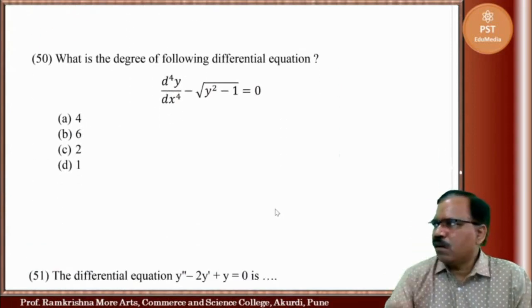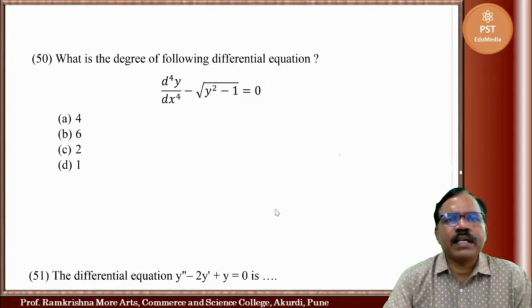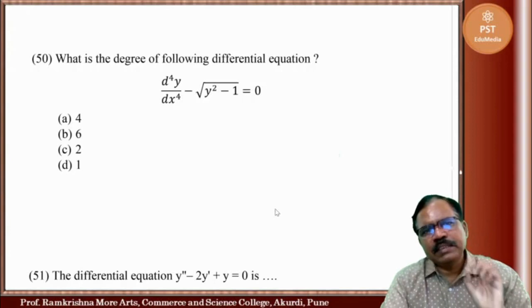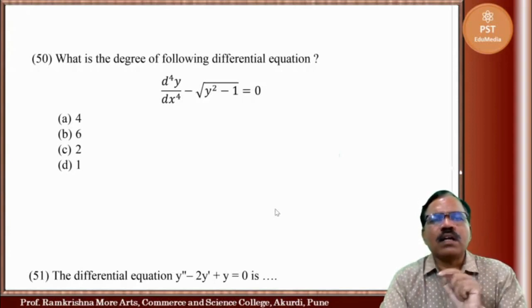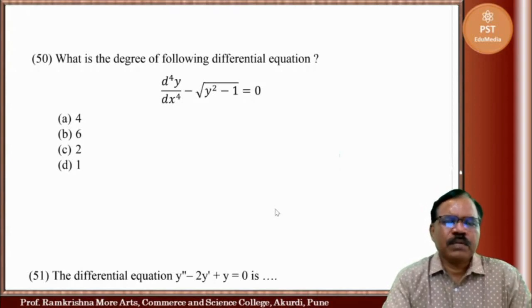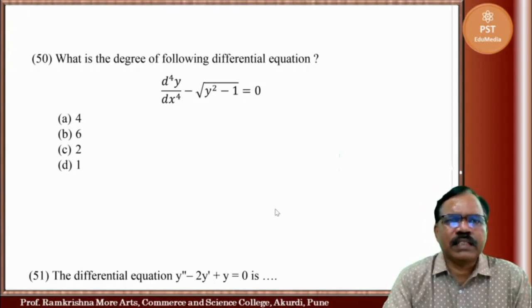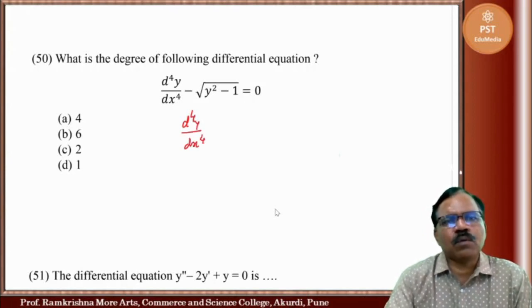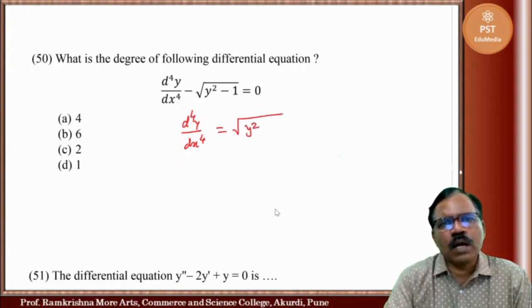What is the degree of the following differential equation? Now degree means power of highest order derivative term, but it must be a rationalized differential equation. So you can write here d4y by dx4 is equal to the square root of y square minus 1.